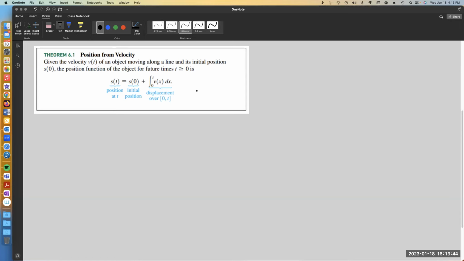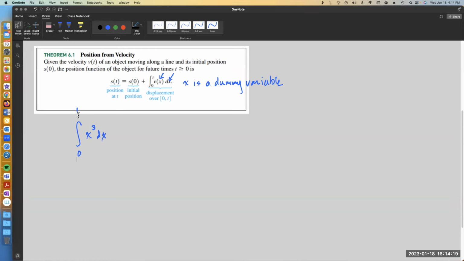Now, one thing I want to point out is that in here, we have an X. And that X is a dummy variable, which means it's not really a variable. What do I mean by that? Let's go back to Calc 1 for a second. If we are integrating something like x cubed dx on the interval 0 to 1, that expression has no variable.